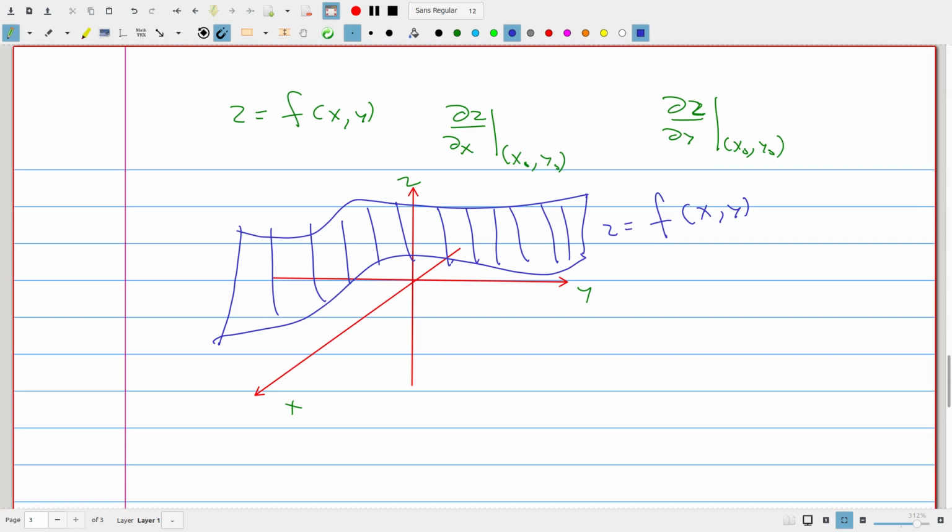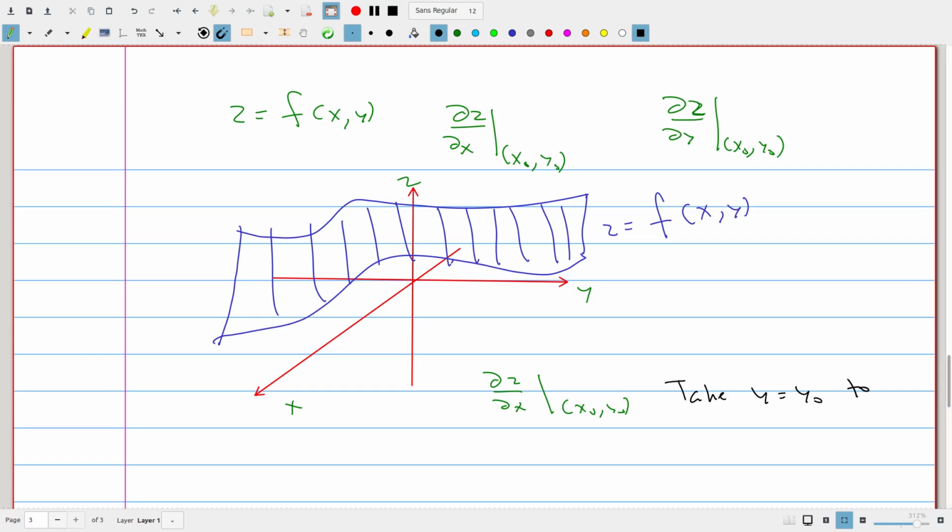When you're finding dz over dx at x naught, y naught, you're taking y to be constant, y equals y naught.